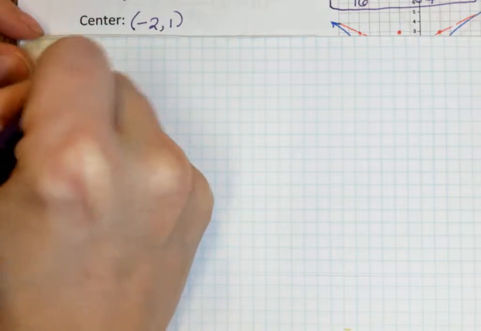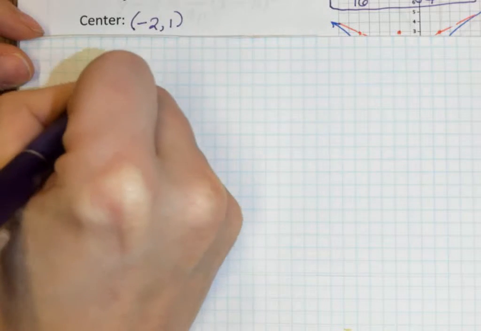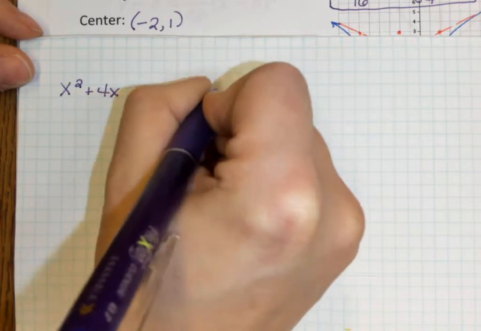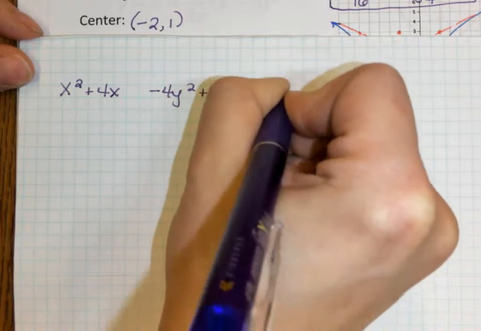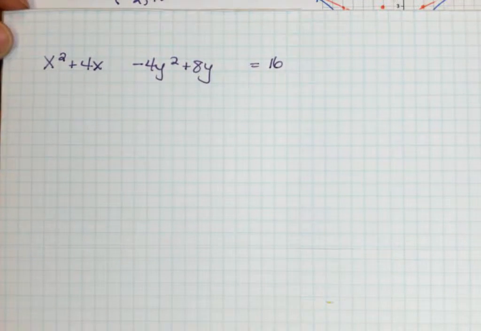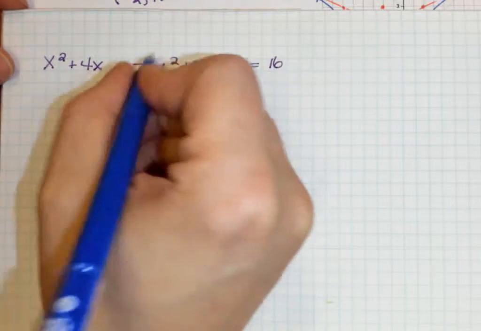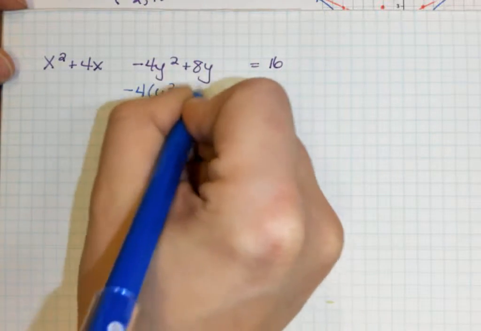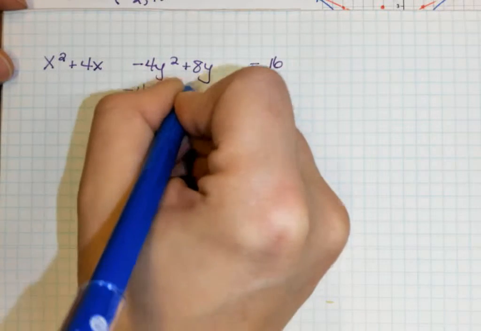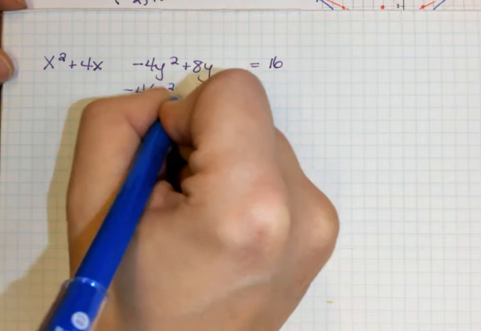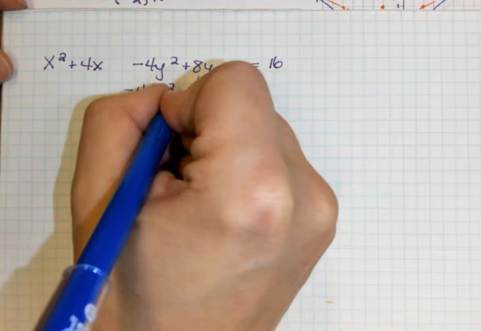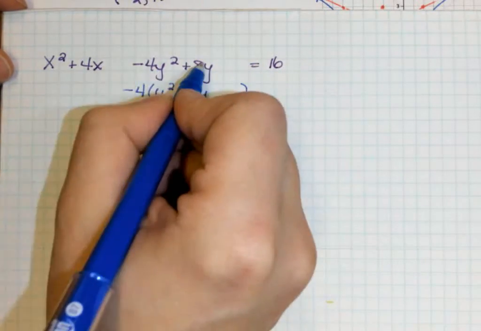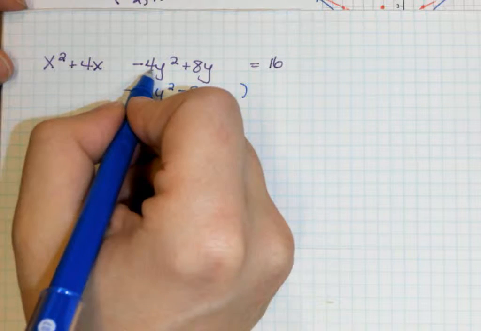We will have, rearranging, x squared plus 4x minus 4y squared plus 8y equals a positive 16 on that side. The first thing you're going to do is pull that negative 4 out. So you will have y squared, and then what's going to go here? Minus 2, because I'm dividing that negative 4 out.